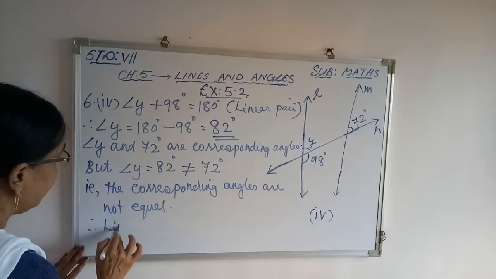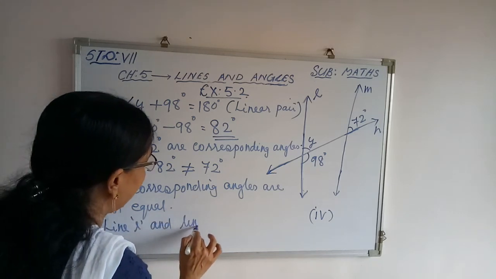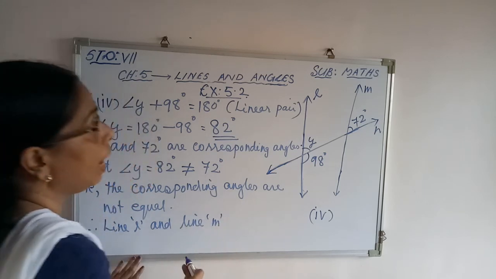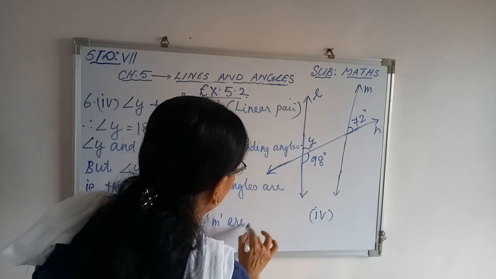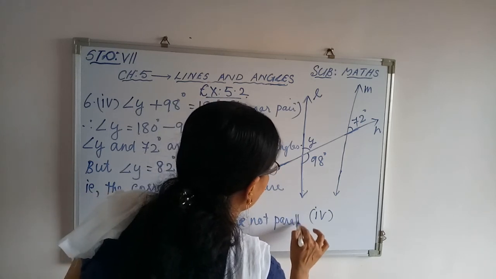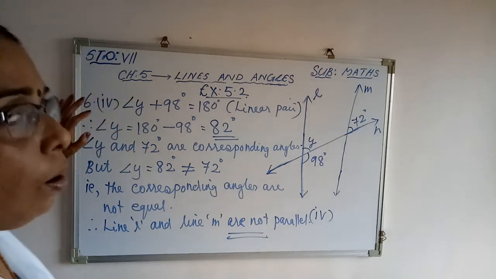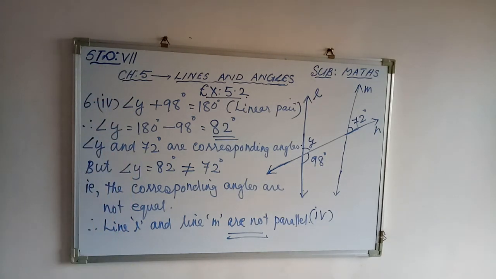Therefore, line L and line M are not parallel. This is the answer of question 4th. I hope all the questions which are given in exercise 5.2 is clear to you.